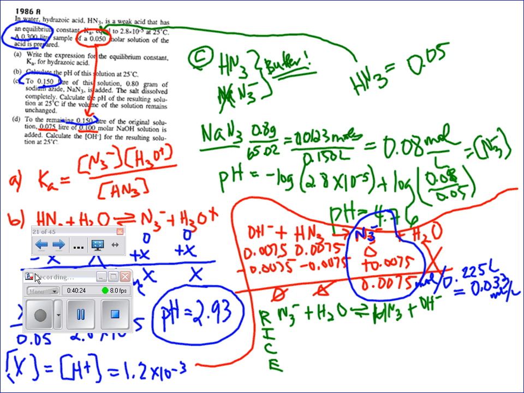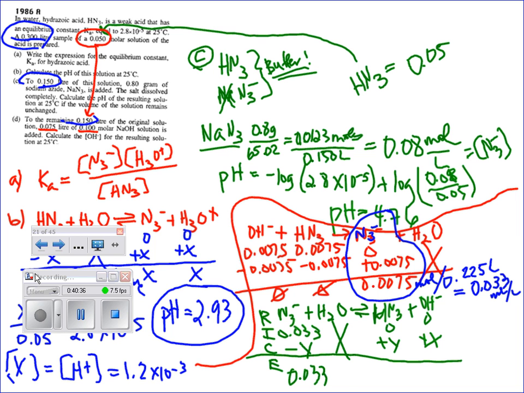Original concentration we get from what we just calculated, 0.033, 0, minus X, plus X. There's one more issue. What is the last issue when we do hydrolysis? Yep. Oh, I have no room. I'm going to write way up top here. I'm going to erase this. I can't do it from the screen. I have to minimize it and then extend it, and I'm not going to do that.